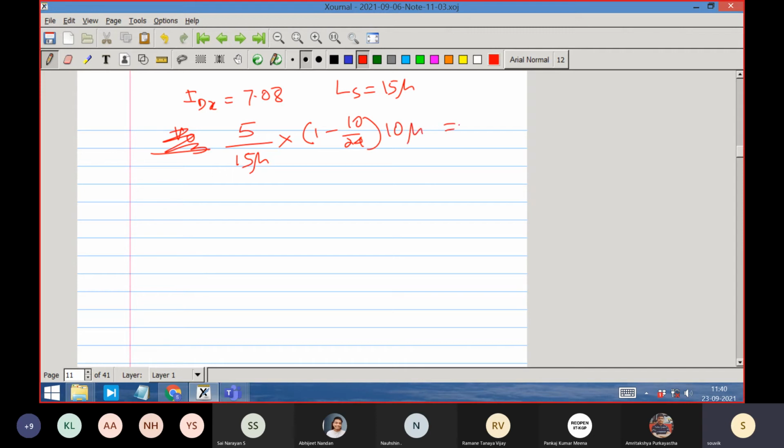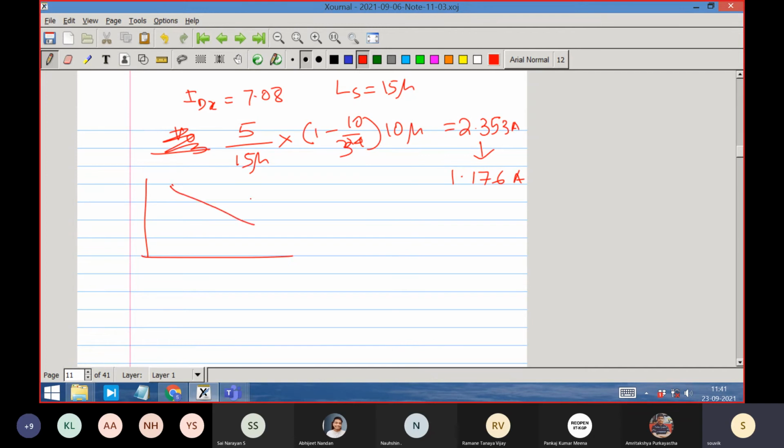So how much is it? 5 divided by 15 into 10 into 24 divided by 34. I am getting 2.353 ampere. So delta IL by 2 will be divided by 2, so it is 1.176 ampere.